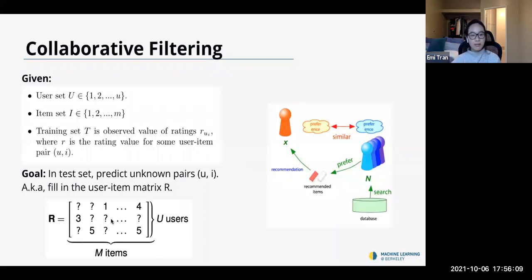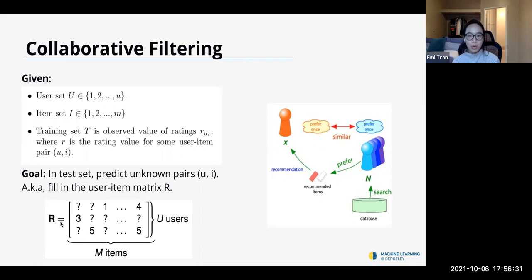You have the true test set values, and some are deleted, shown as question marks. You can represent the rating matrix, all the ratings of users and items, as a matrix, with the rows being the users and the columns being the items.